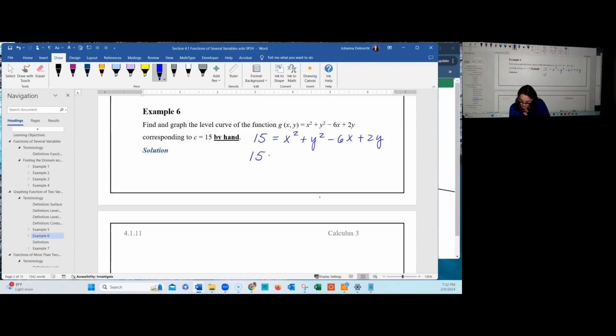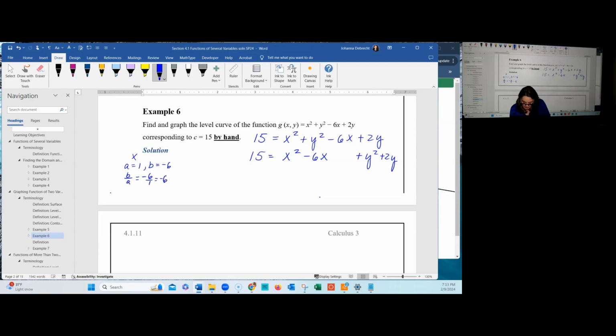So I'm going to leave the 15. I'm going to combine the x squared minus 6x, leave some space, put y squared plus 2y, and leave some space. For x, my a value is 1 and my b value is negative 6. b over a then becomes negative 6 over 1 or negative 6.